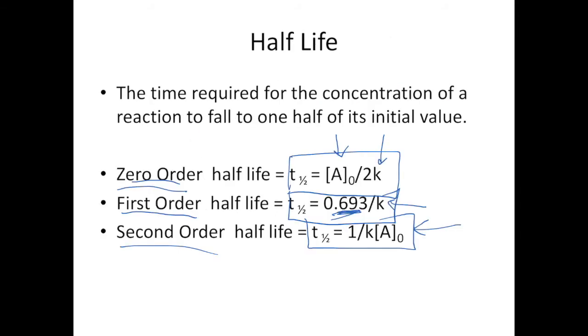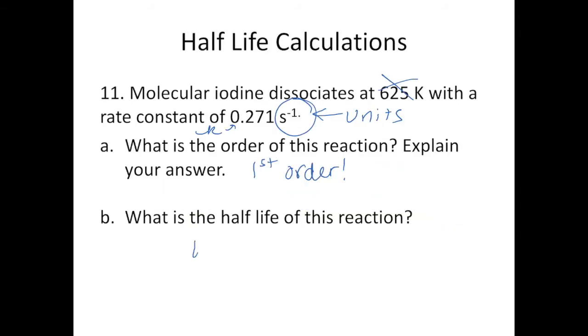Half-life, so now we're going to go back and say, okay, here's my half-life equation. The half-life, T1/2, is 0.693 over K. This K is in 1 over seconds, so you end up with seconds as your answer, and it's about 2.56 seconds.